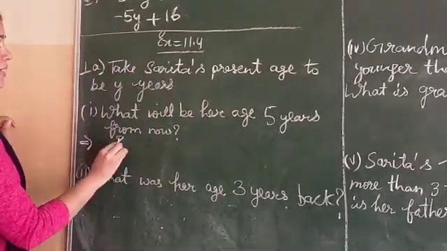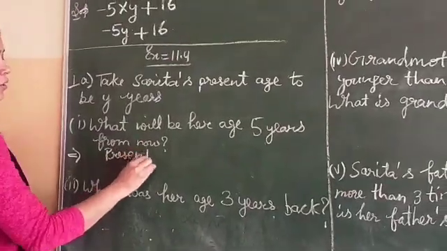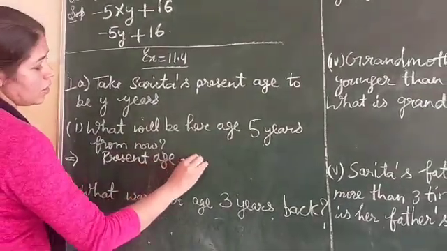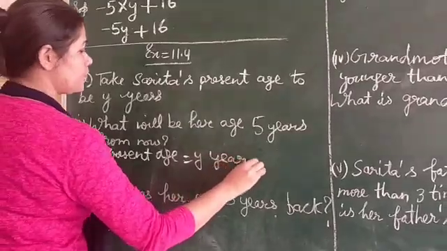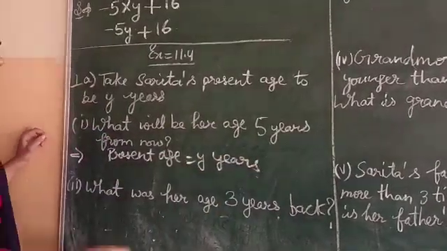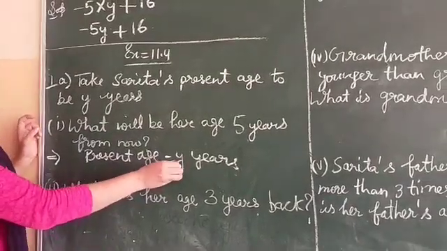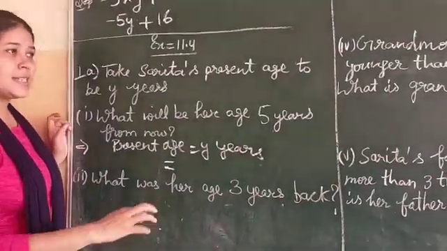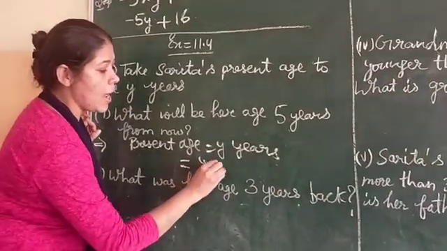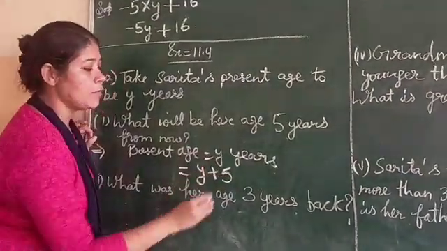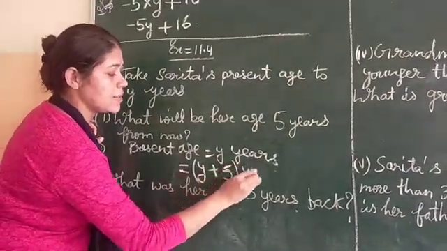ठीक है, प्रेजेंट एज कितनी है उसकी. What is the present age? Y years. After 5 years, we will add 5 in her present age. It means it will be y plus 5 years.